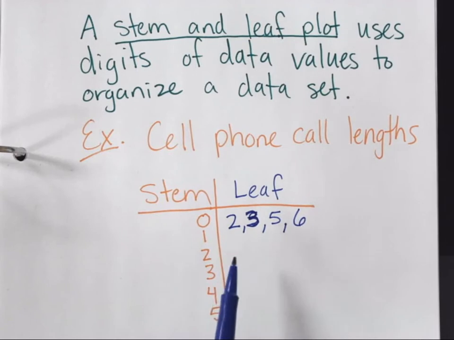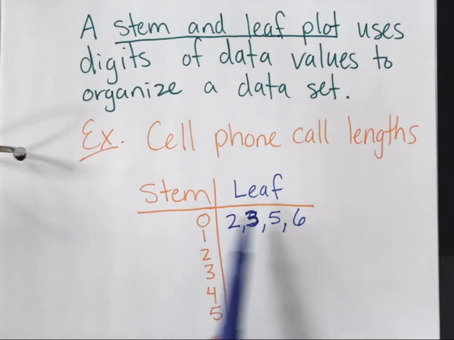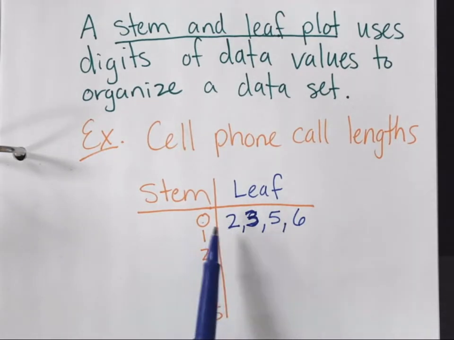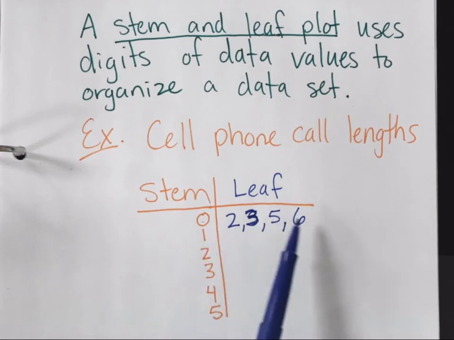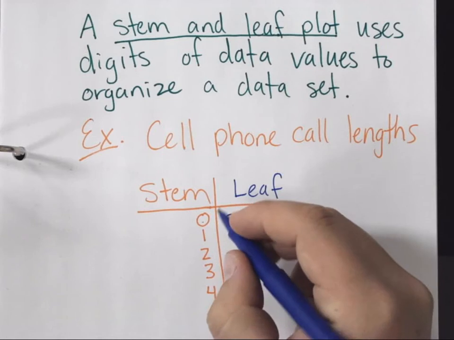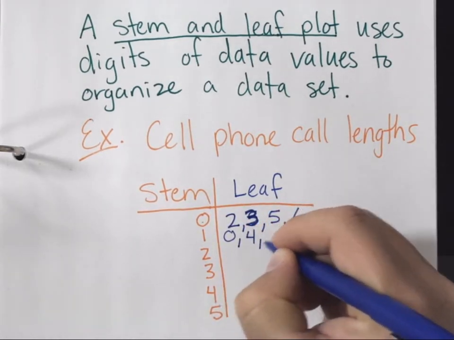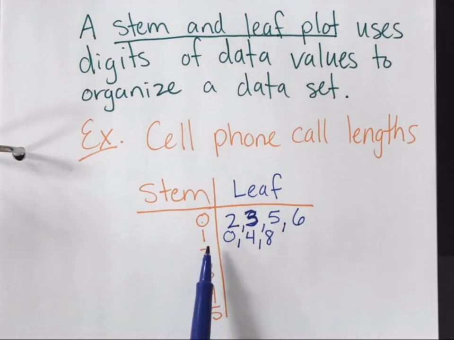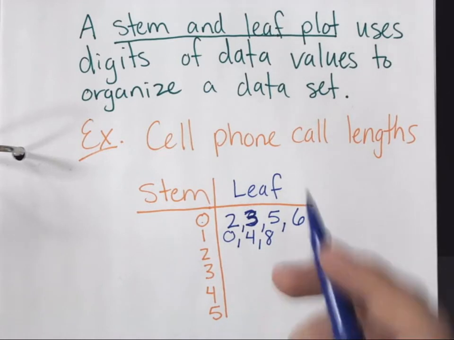So what this would represent is we have 4 different phone calls: a phone call of 2 minutes in length, 3 minutes, 5 minutes, and 6 minutes in length. Then on the 1 place we have a 0, a 4, and an 8. So now this represents a phone call 10 minutes in length, 14 minutes, and 18 minutes in length.